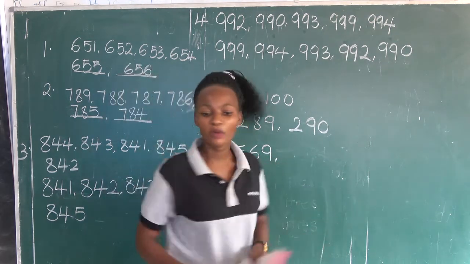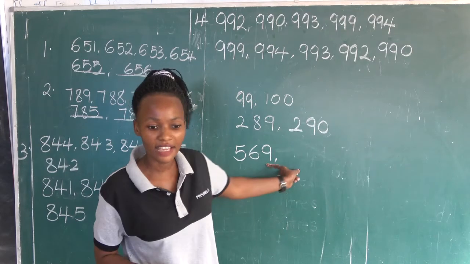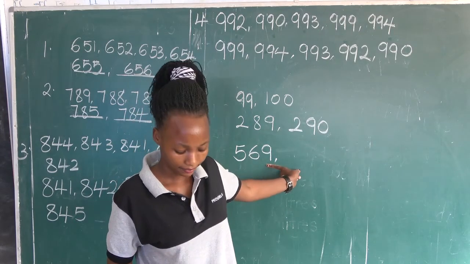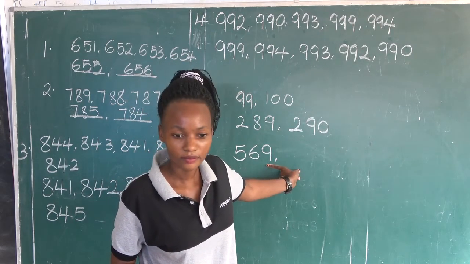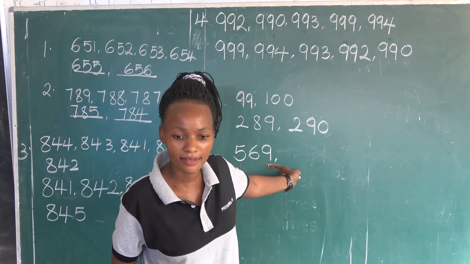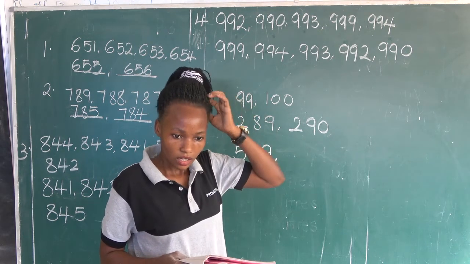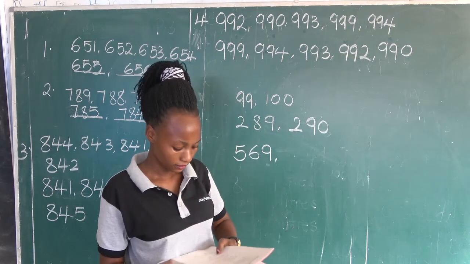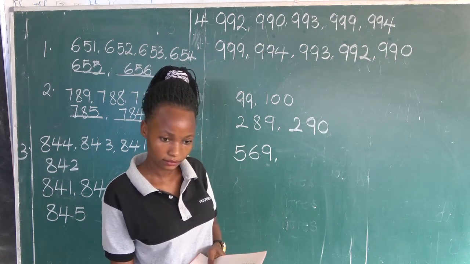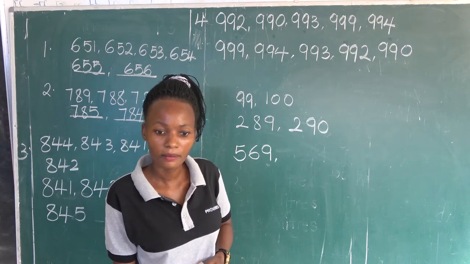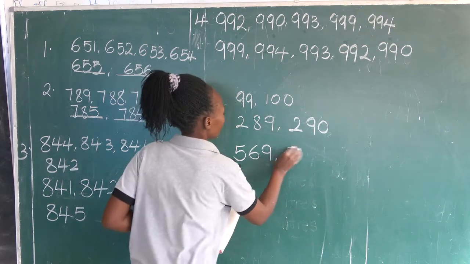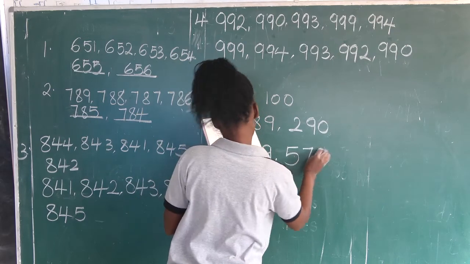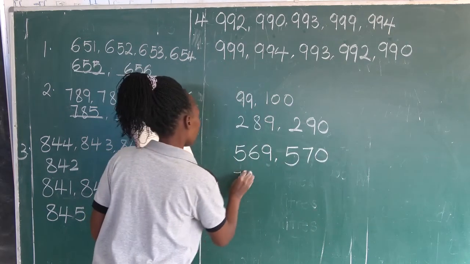Okay, who can tell me which number comes after this, 569? Okay, Anna, tell me. 570. 570. Then the last one, 774.